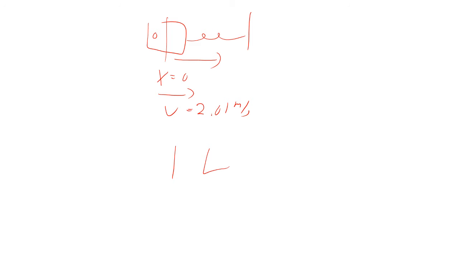When it hits, it is going to be at the equilibrium position. So that means that x equals 0, but there's a velocity of 2.01 meters per second. So that means it's going to be moving to the right, and when it moves to the right, it's going to squeeze the spring and stop when it has reached x equals the amplitude.